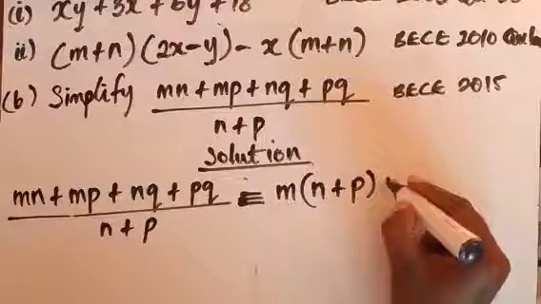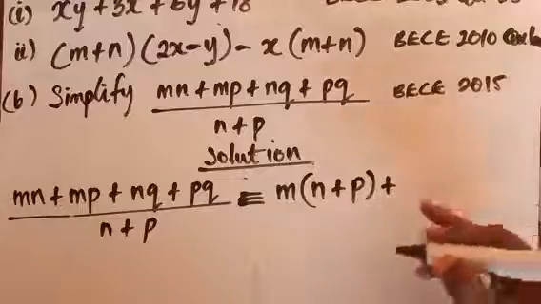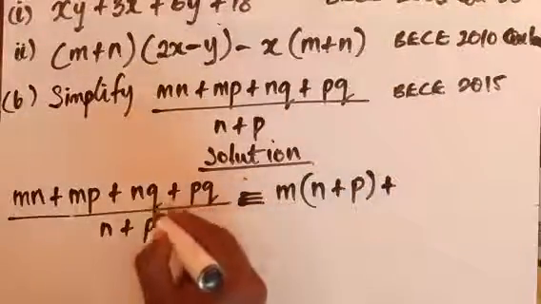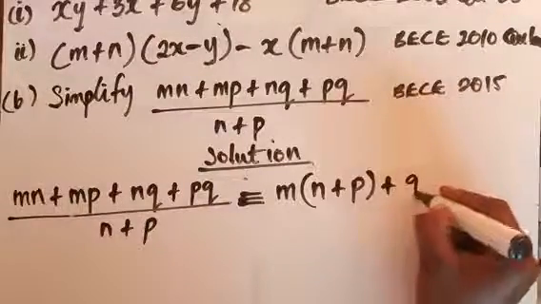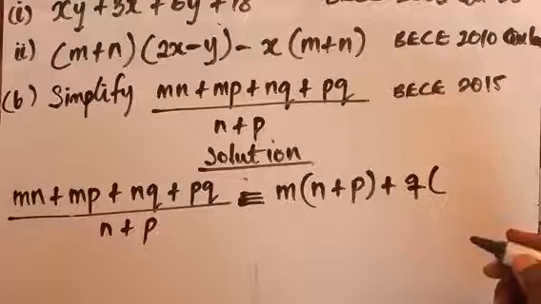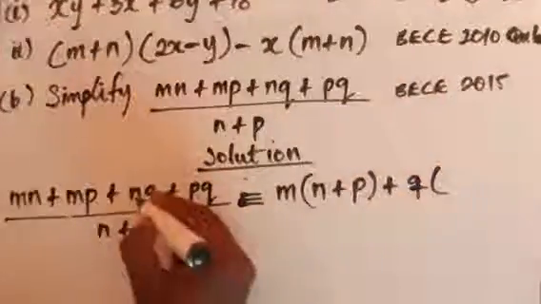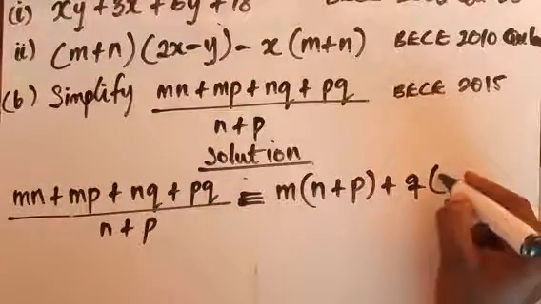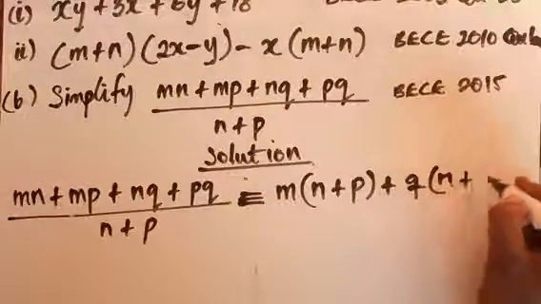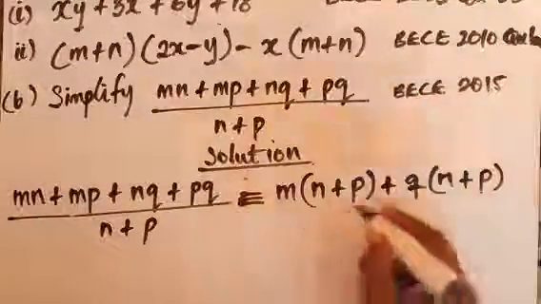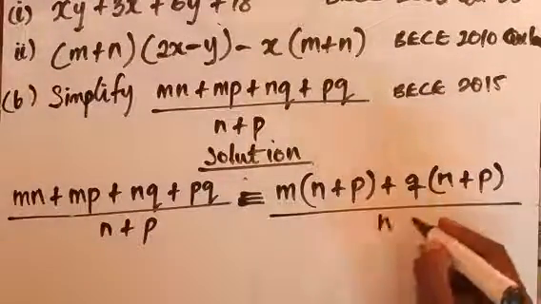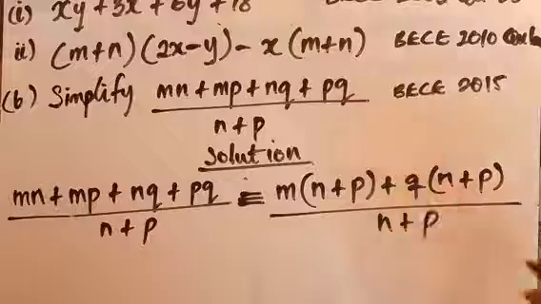Then the common term here is also q. So q out. If q is out, then q into nq will have n, then plus p, all divided by n plus p.